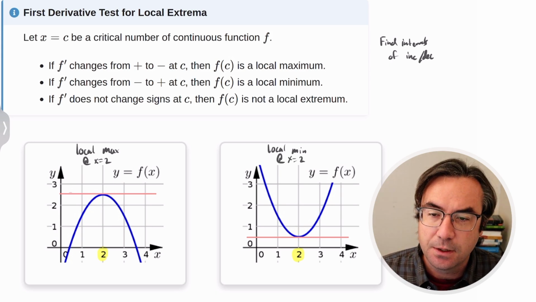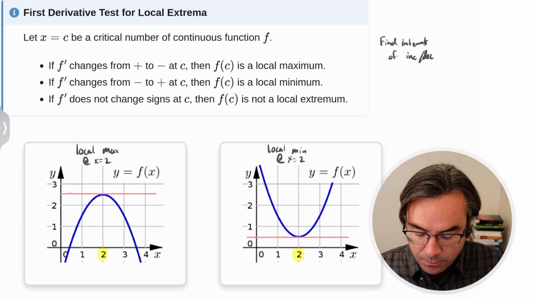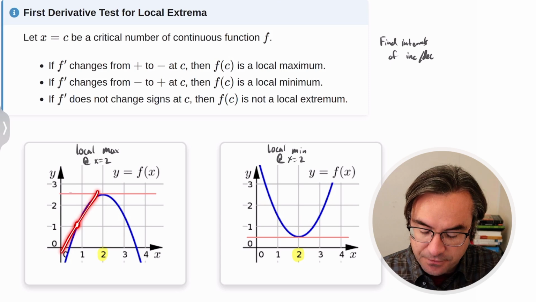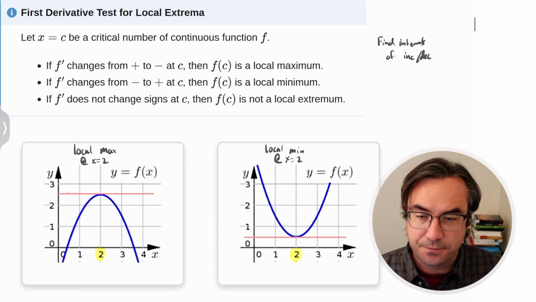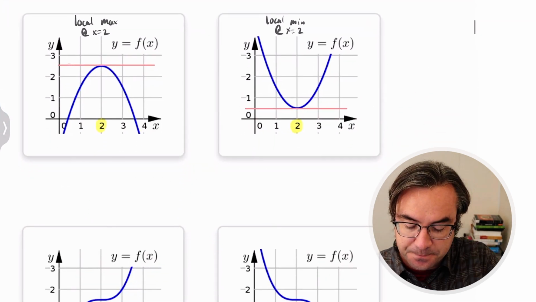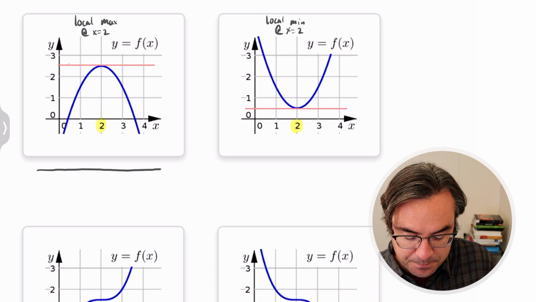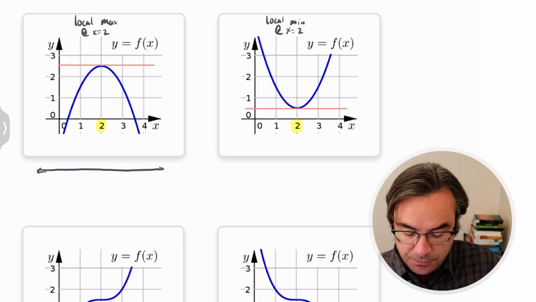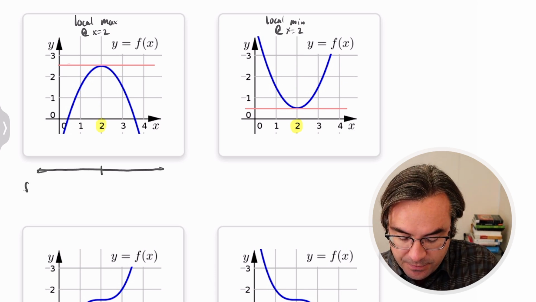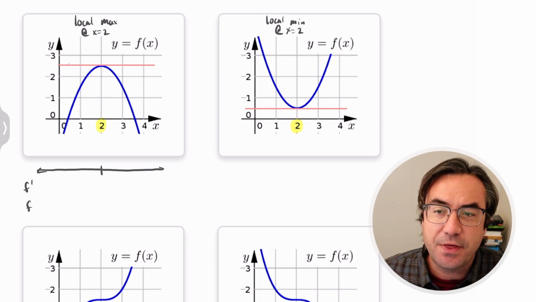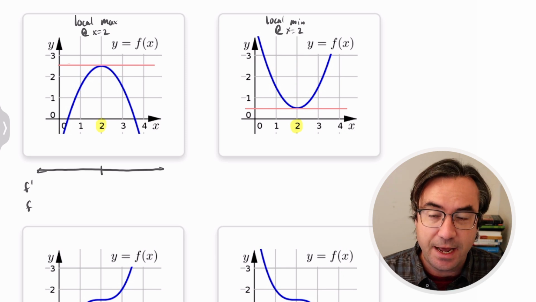And what's happening? Well, if we think about what the sign chart for f prime would be in each of these cases, let's do a little sign chart for f prime. So we draw our x-axis, we plot our critical number, and then we think about what f prime is doing and what that's telling us about the original function f.